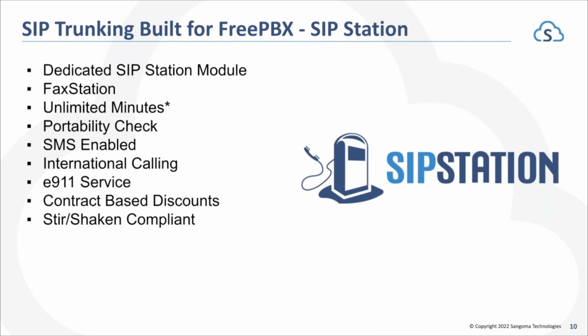We do offer contract-based discounts on SipStation, similar to the promo on PBExact Cloud that we did just talk about. And SipStation will be signing calls to make sure that you are STIR/SHAKEN compliant as well.